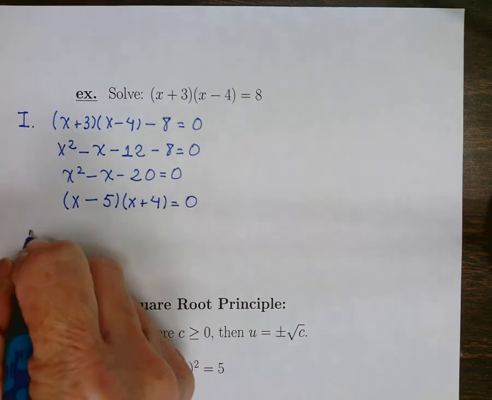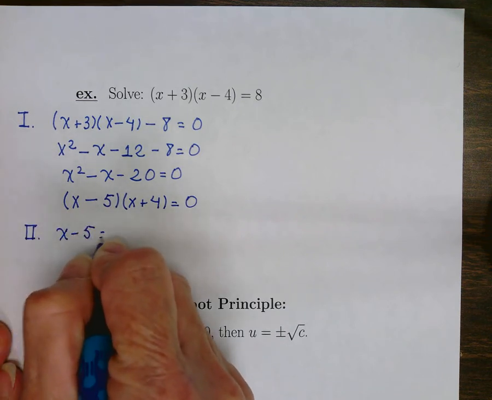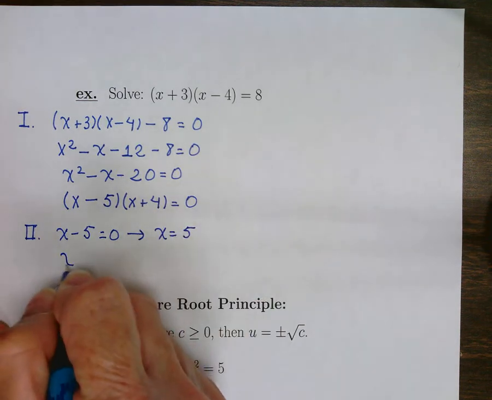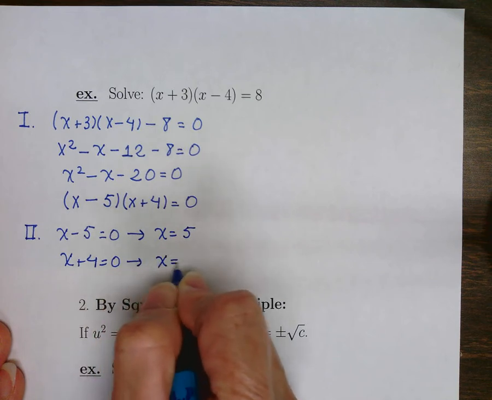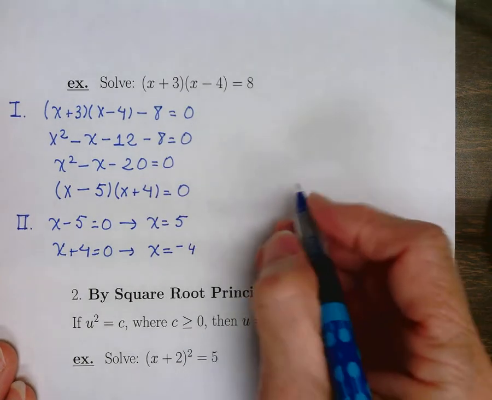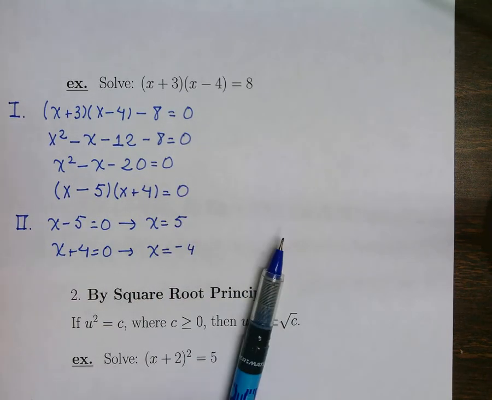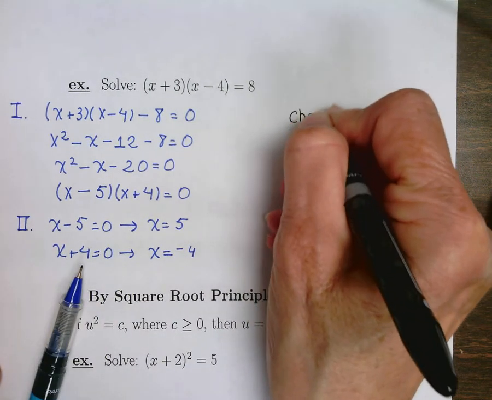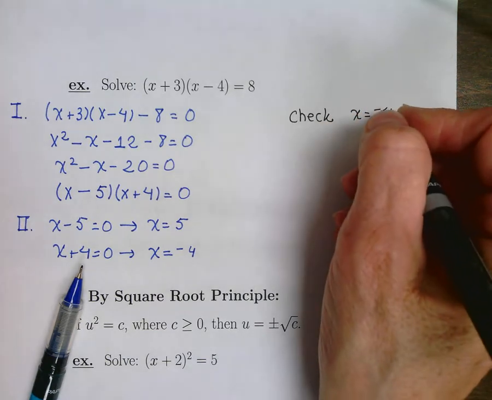So what are my solutions? I set the individual factors equal to 0: x minus 5 equals 0, which means x equals 5, or x plus 4 equals 0, which means that x equals negative 4. Okay, so my solutions, and again you can check that they fit. In fact, let's just do that really quick. Let's check one of the solutions. Let's check x equals negative 4. Okay, what do I do again?